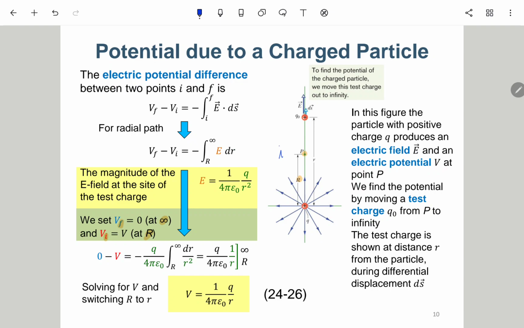This is the initial point, and the final point is at infinity. We call this the small r axis. The starting point is small r equals capital R, and the final point will be r equals infinity.